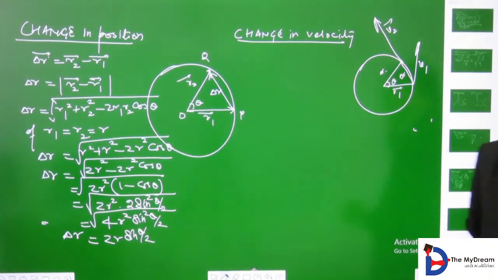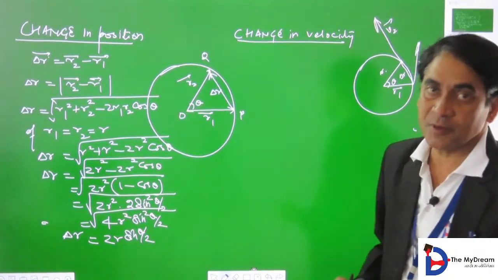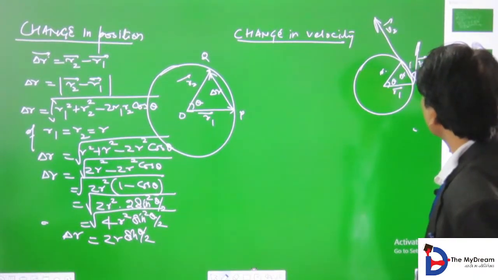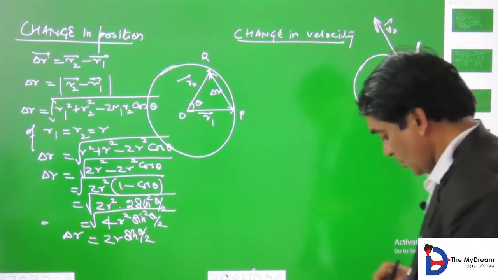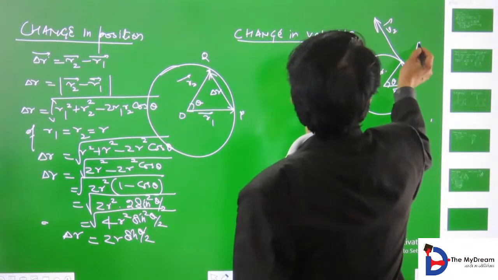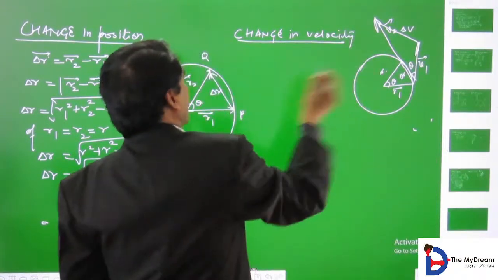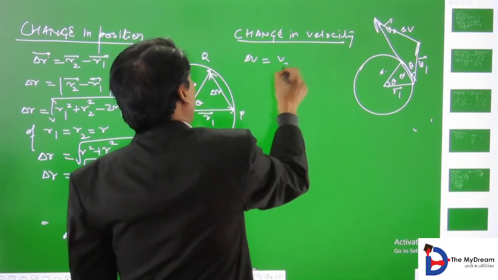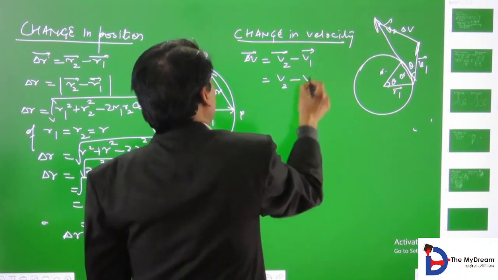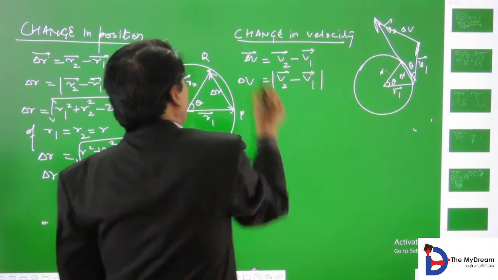As the object is moving in a circular path, the velocity will become changed due to the change in direction. That's why here v1, here v2. It forms an angle theta. So you can write down, ऐसे भी लिख सकते हो, यहाँ बना लो delta v, delta v, that is v2 vector minus v1 vector.